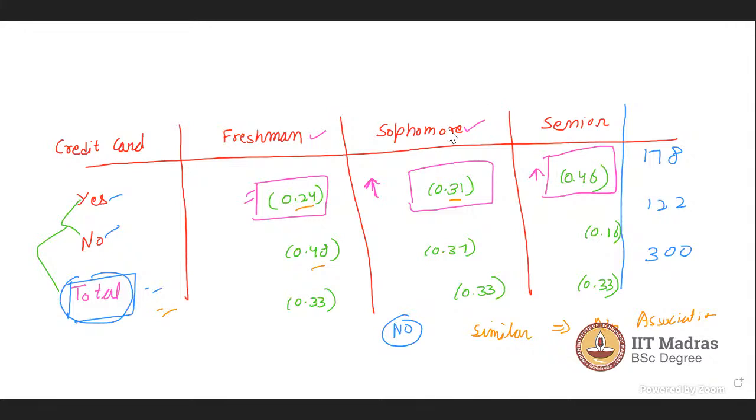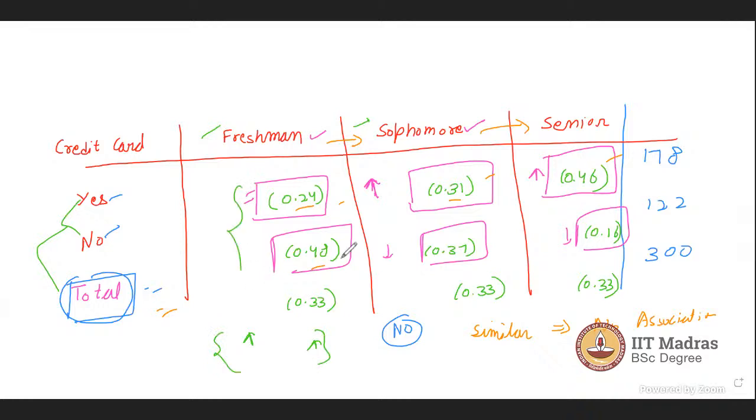It means as they move to second year and final year, the proportion of them owning the credit card keeps on increasing. And similarly for no, it keeps on decreasing. So you can see that there is an association. As the year of graduation increases, the credit card owning will also increase.